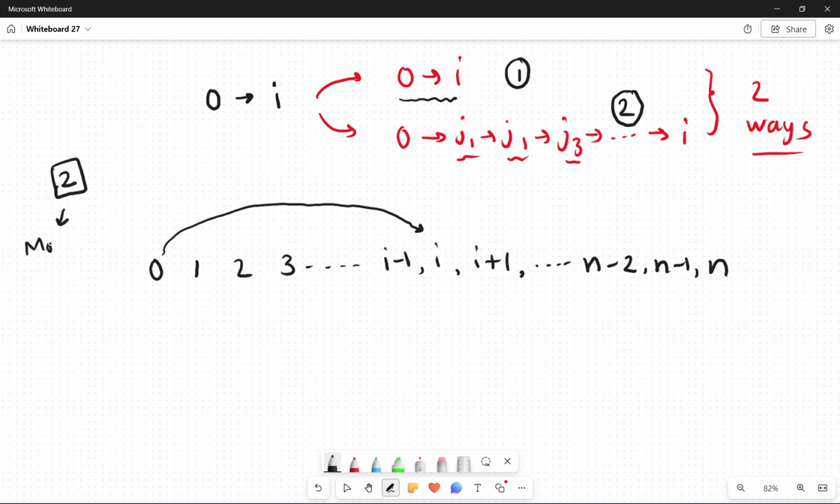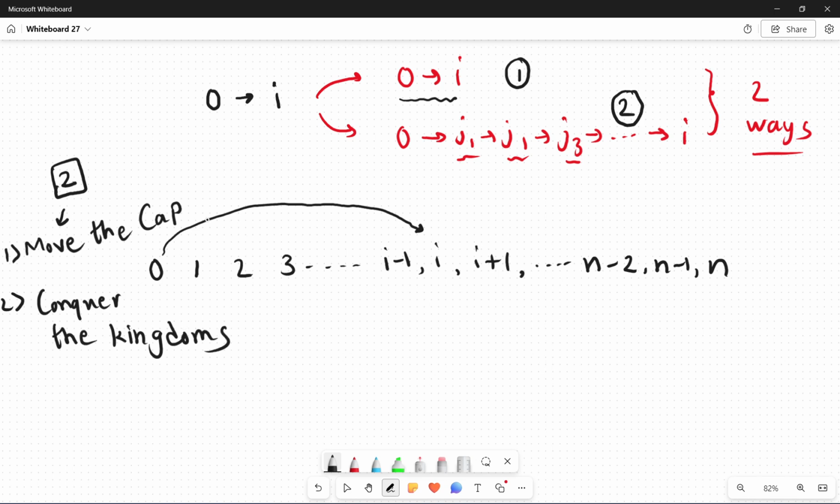So first is move the capital, move the capital city, and second is conquer the kingdoms. Okay, conquer the kingdoms, right? So basically, when can I shift the capital to the ith city?